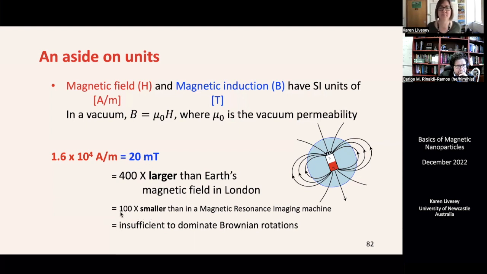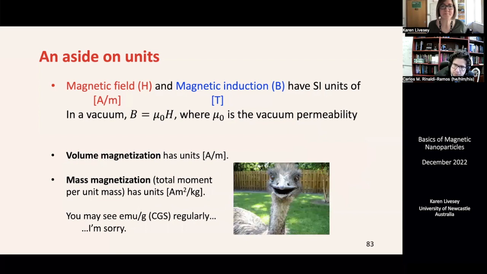So we're sort of in between. We're not a massive field that you would generate in a hospital, but we're much larger than the Earth's magnetic field, which is around us all the time. Another note is this is insufficient to dominate Brownian rotation. So it's a mild field in terms of influencing our relaxation mechanisms.